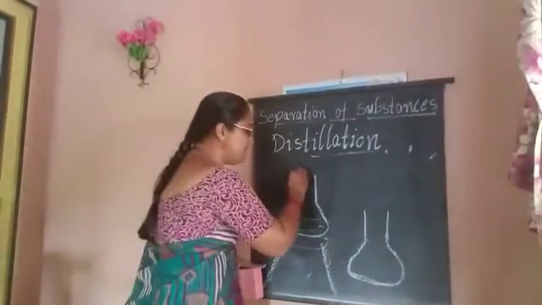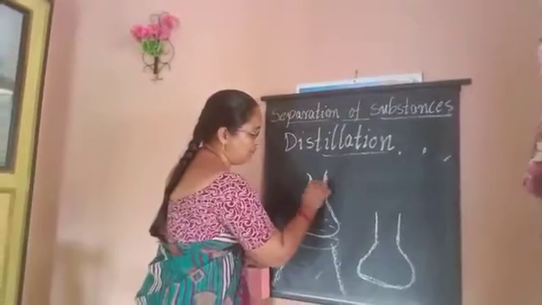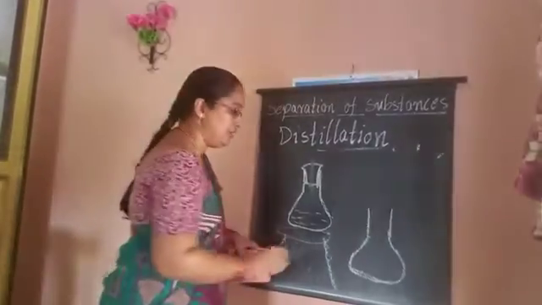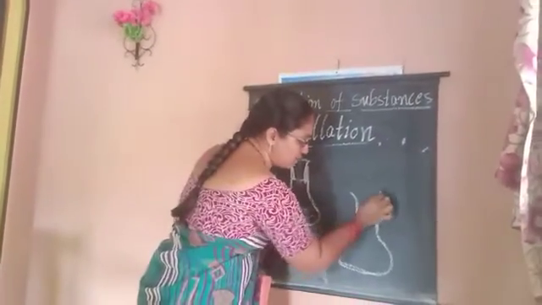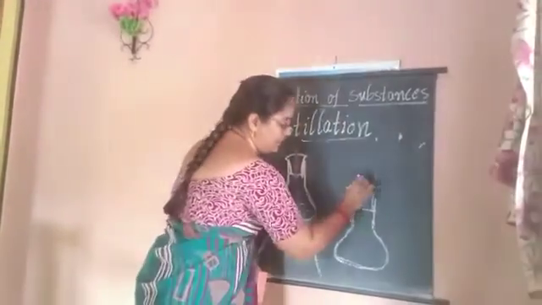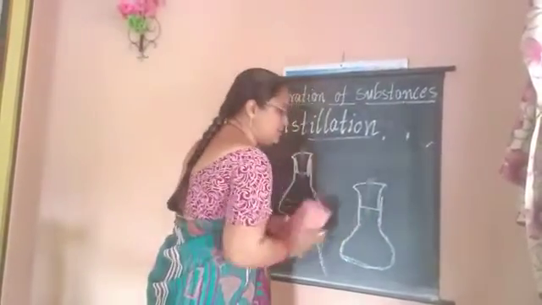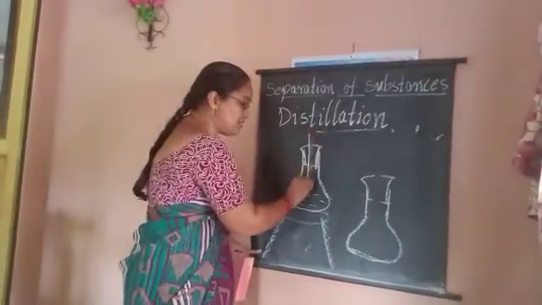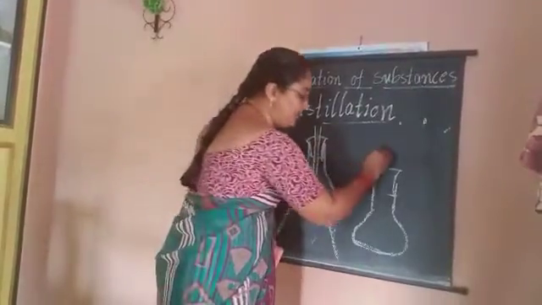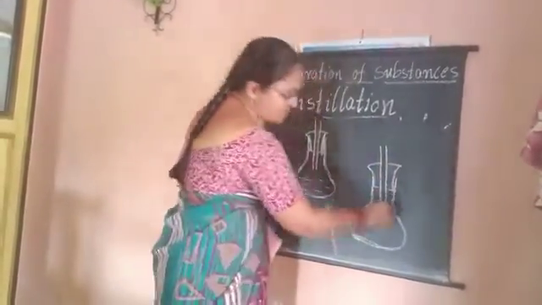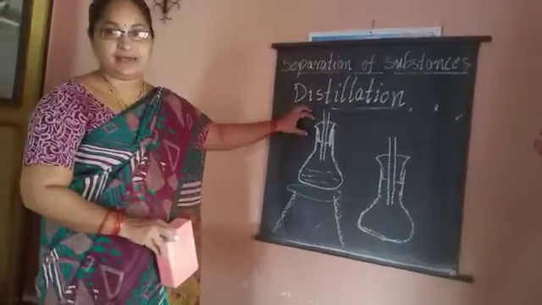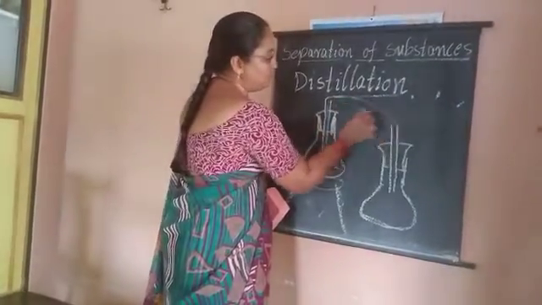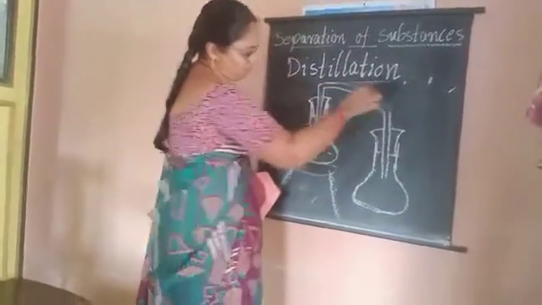Close it with a rubber cork having a hole. Close the other conical flask also with a rubber cork, which must also have a hole. Insert a glass tube in both conical flasks through the hole in the cork. Now connect these 2 glass tubes with a rubber tube.